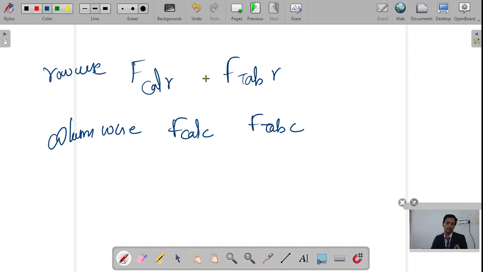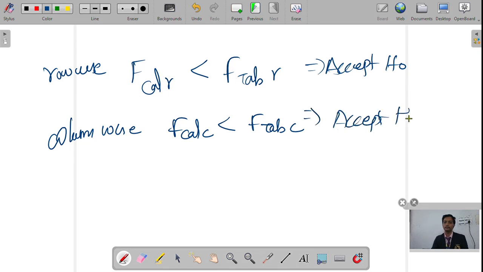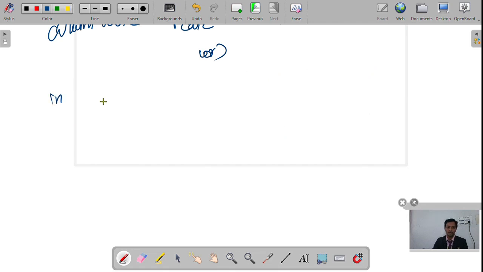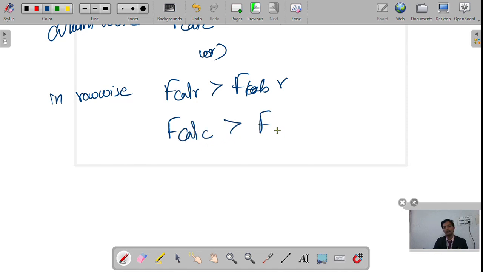If it is less than, in these two cases we are going to accept H naught. If both cases fail, then we reject H naught and accept H1. That is, in row wise, if F cal R is greater than F tab R, or F cal C is greater than F tab C, we are going to accept H1.